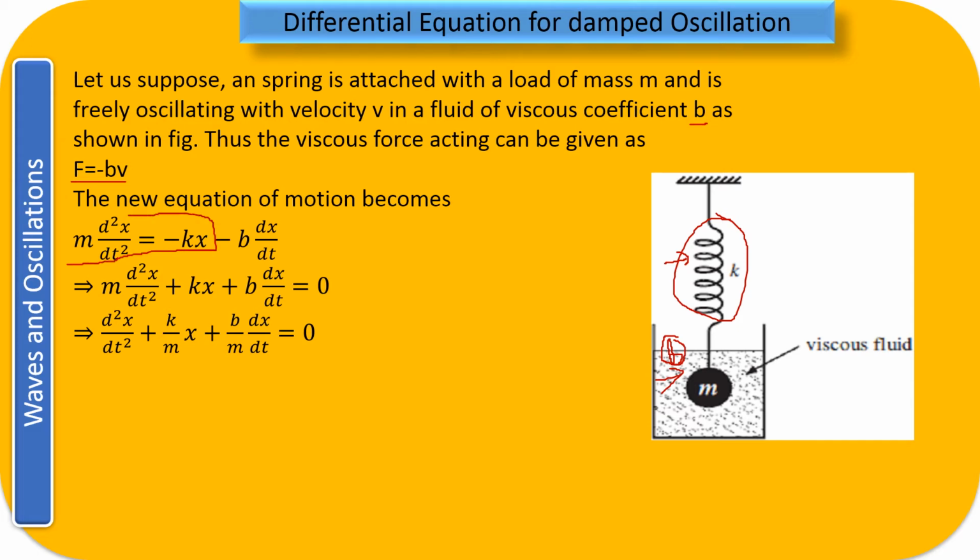If you remember, in the case of free oscillations that we have done, what was the equation? m d square x upon dt square plus k x was equal to 0, or m d square x upon dt square is equal to minus kx, right? Then what I had done, I had divided both sides by m. So what was the equation? d square x upon dt square is equal to minus k by m into x, and k by m we have called omega naught square.